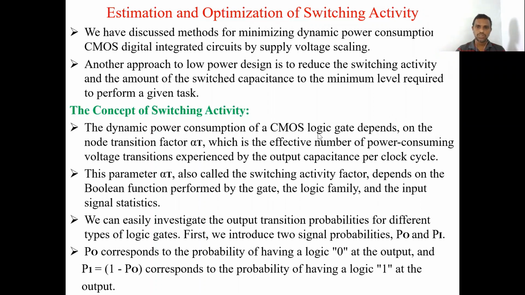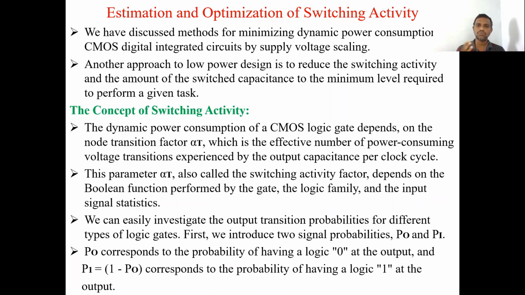The dynamic power consumption of a CMOS logic gate depends on the node transition factor alpha T, which is the effective number of power consuming voltage transitions experienced by the output capacitor per clock cycle. What does that mean? We have the output capacitance, and whatever nodes are changing their values at that output capacitance can be considered effective power consuming voltage transitions.